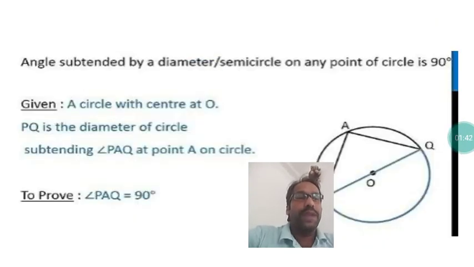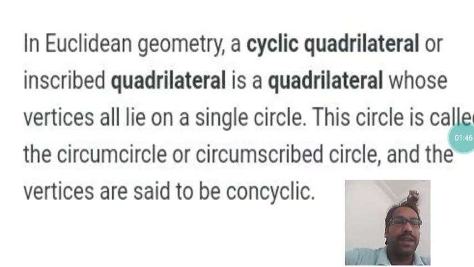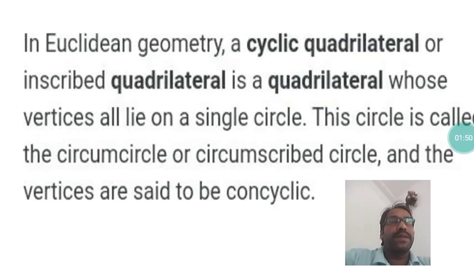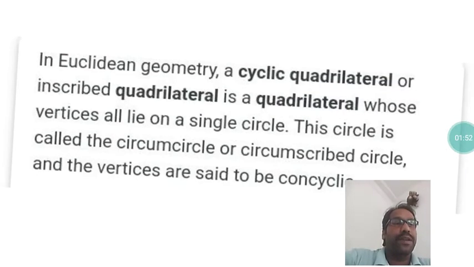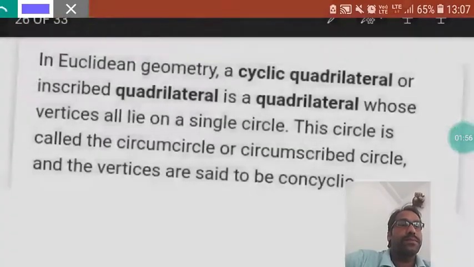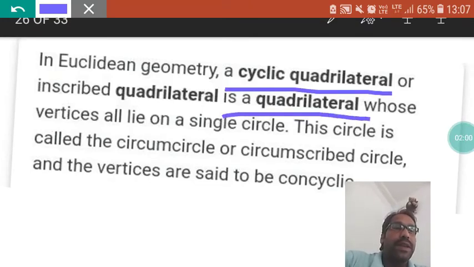So what we have to read today? We have to read about this one. This is a cyclic quadrilateral. Okay, so what is the cyclic quadrilateral? A cyclic quadrilateral is a quadrilateral whose vertices all lie on a single circle.